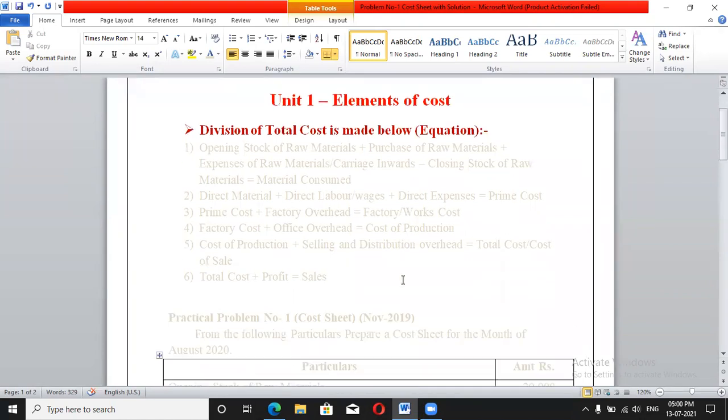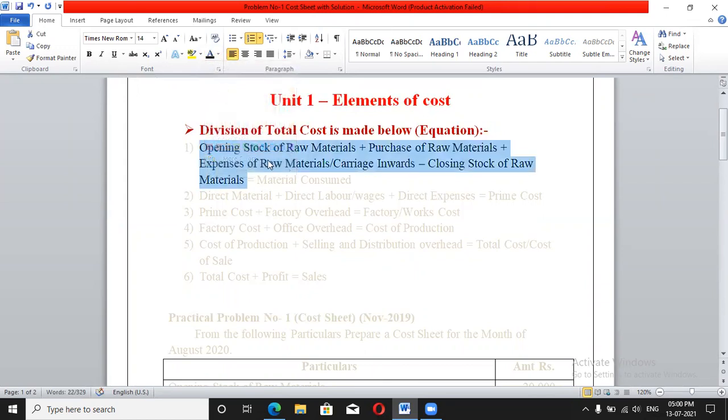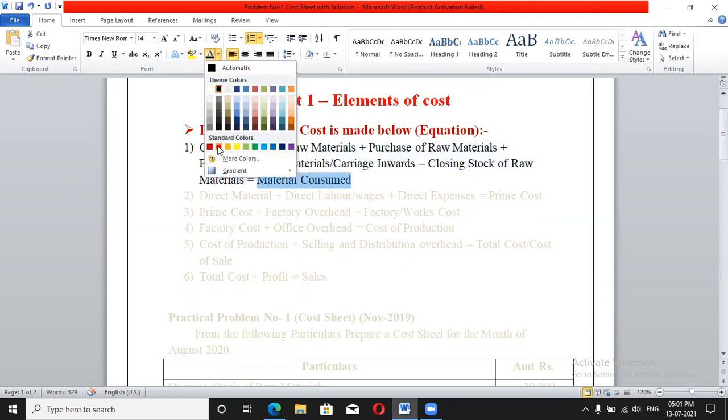The first equation you have to see on your screen.